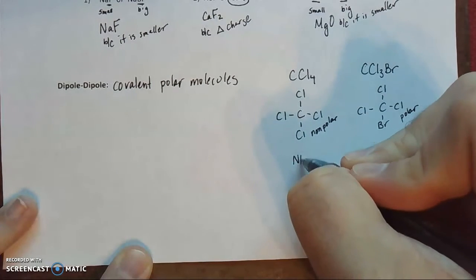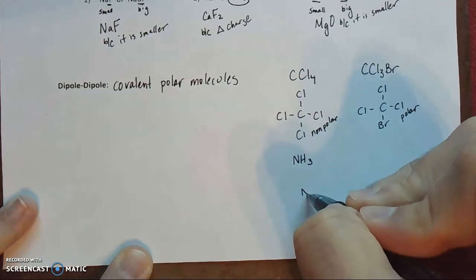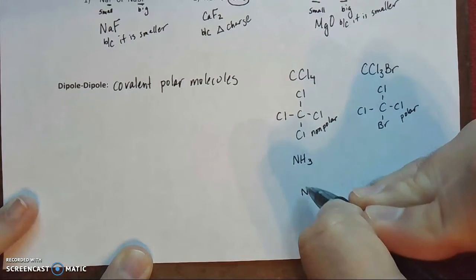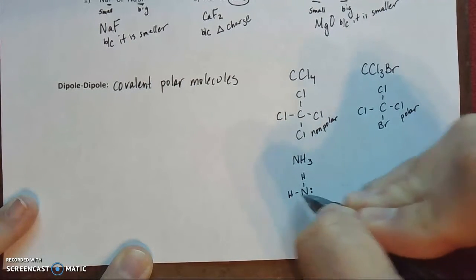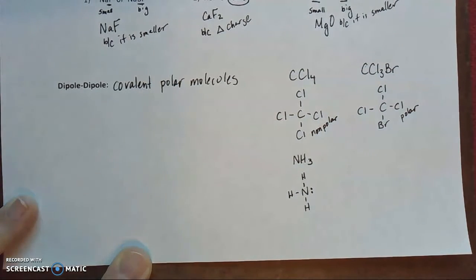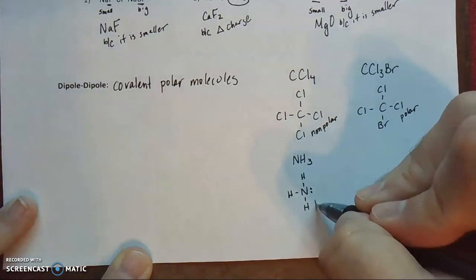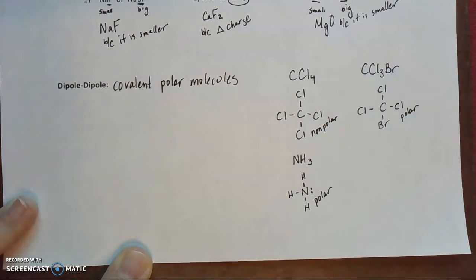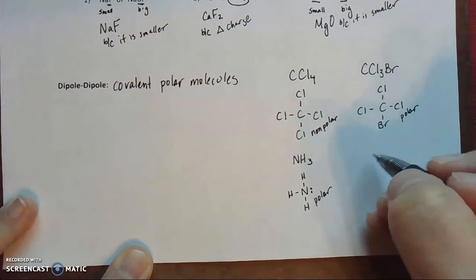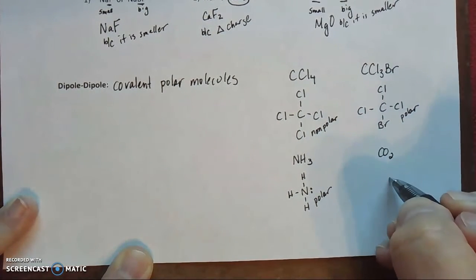If we look at NH3, N is in the middle, we have a lone pair of electrons. Anytime you see lone pairs of electrons, it's going to be polar. So any lone pair, 1, 2, or 3 lone pairs around the central atom is going to mean that it is polar. It's not symmetrical. And then we can have things like CO2.